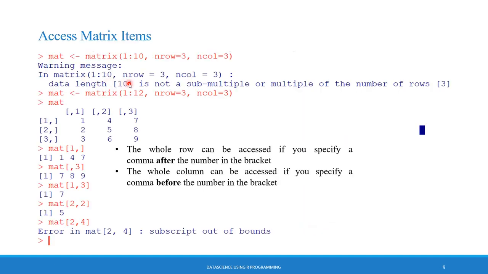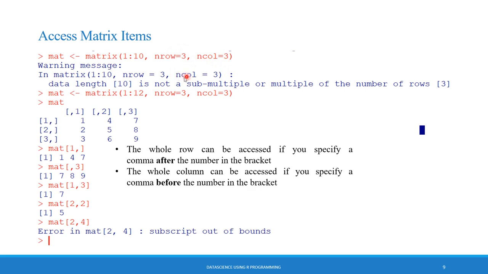Whenever you create a matrix, you have to make sure the data length of the matrix should be a submultiple or multiple of rows or columns. In this example, we have created a matrix using the data from 1 to 10, so the data length is 10. But here the number of rows is 3 and the number of columns is 3.